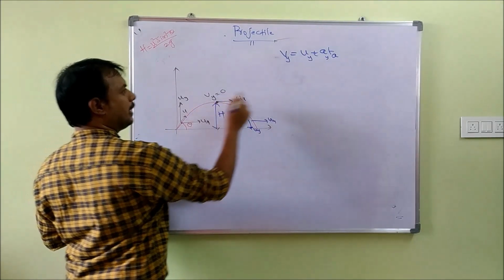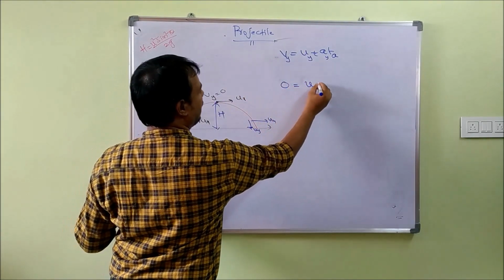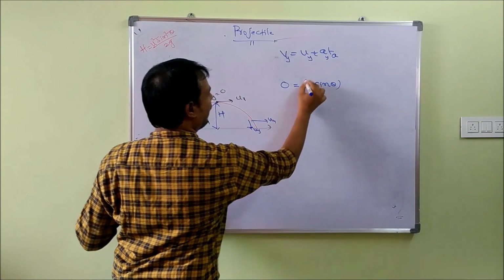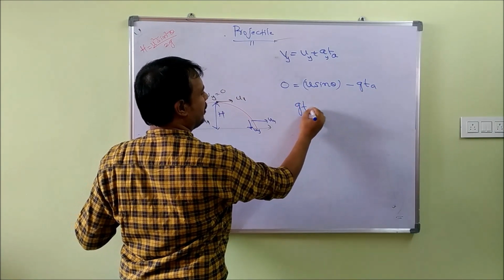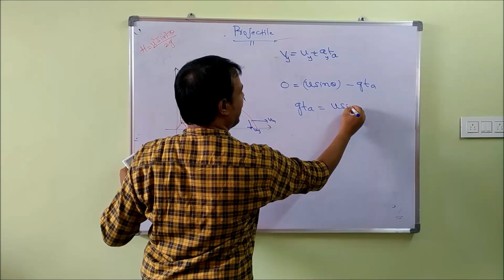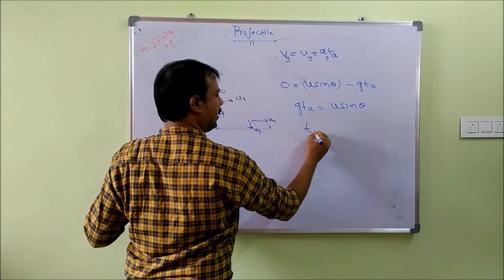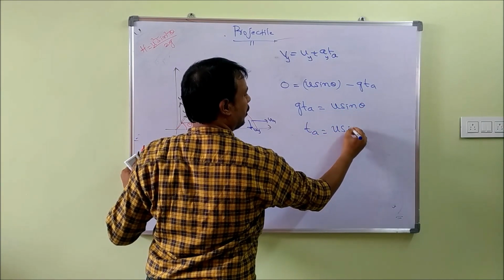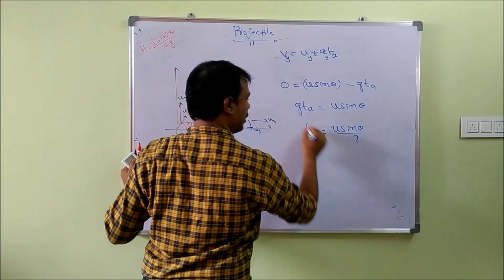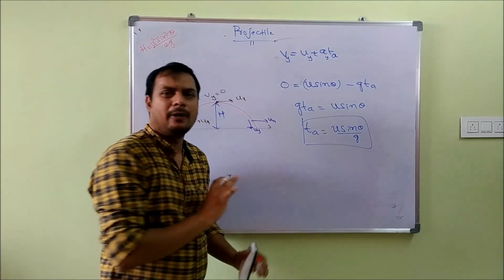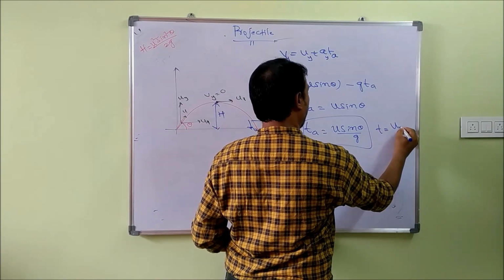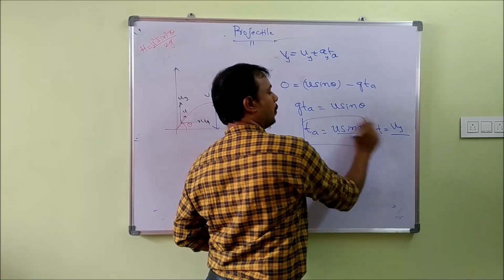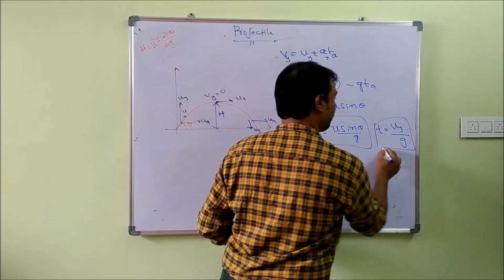Final velocity is 0, and this is u sin theta minus g ta, or g ta equal to u sin theta, so ta equal to u sin theta by g. This is time of ascent, or in terms of uy, t equal to uy by g.